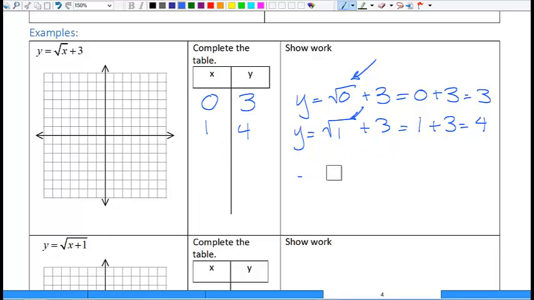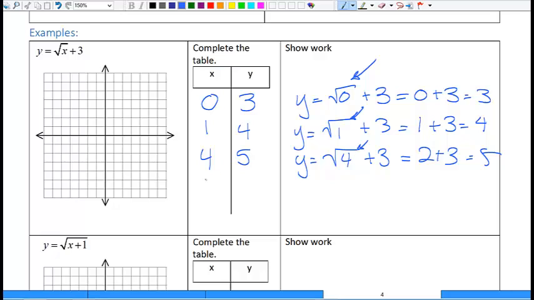I can pick whatever values I want. So I want you to think of the next perfect square after 1, that when you plug it in, you get a whole value. The next perfect square I can think of is 4, because the square root of 4 is 2. I'm only picking values that I know in my head will work. So that gets me 5.